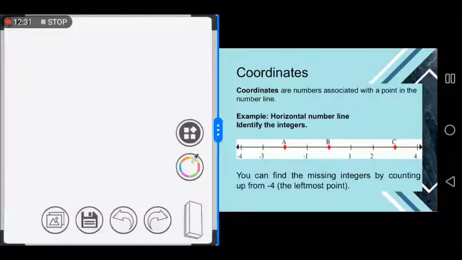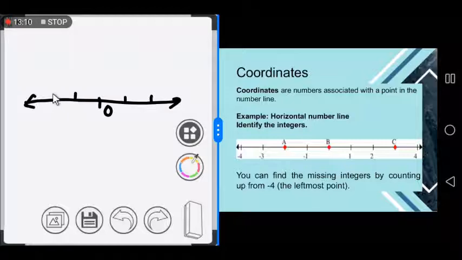So we also have what we call coordinates. When we say coordinates, these are numbers associated with a point on a number line. For now, since you're in grade 7, we only have one number line. But when you move on to grade 8, you will have two number lines, and you will be discussing rectangular coordinates. So that you have an idea, if this is our number line and this is your origin 0, in grade 7 that is all you will see.